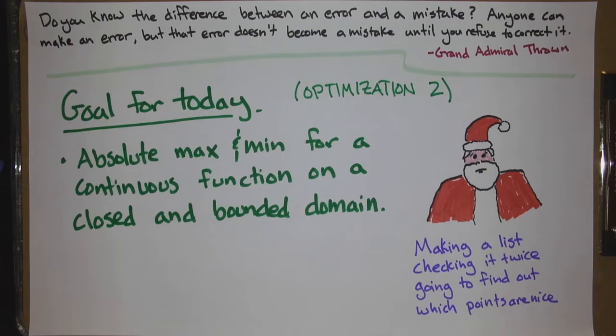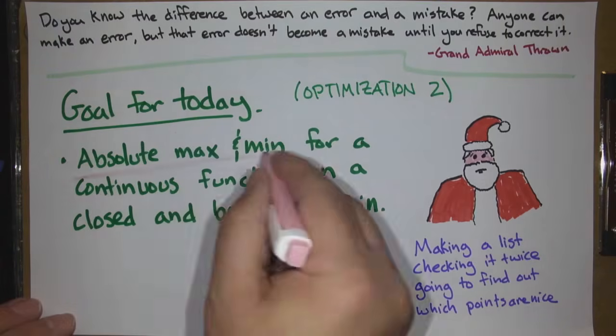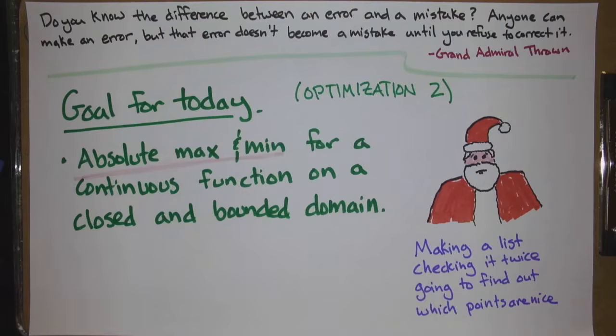We want to find absolute max and min for a continuous function on a closed and bounded domain. So how will you recognize these problems going forward? If you see the phrases absolute max and min, that's a pretty strong clue. We'll talk a little bit next time as well about problems where they might use that phrase, but it gets a little dicey. Oh, there are stories to tell.